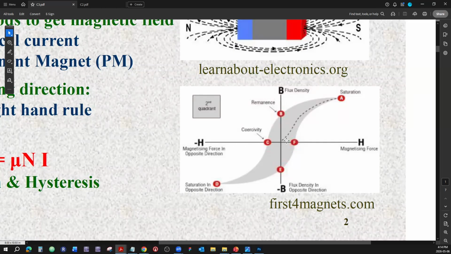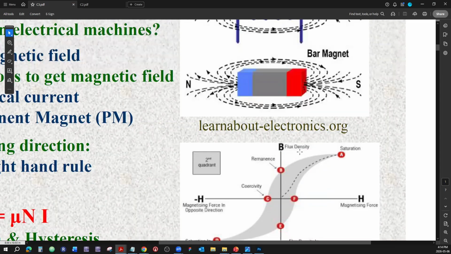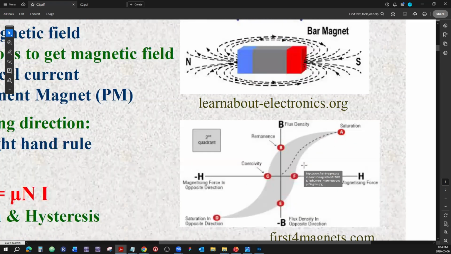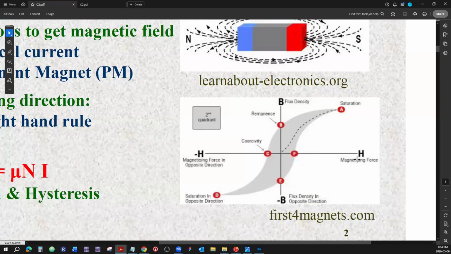Okay, so when we start from zero, when the magnetic core is not magnetized, once we start introducing magnetic force, or the strength of the magnetic field, then the magnetic field is going to be stronger, and that depends on the number of turns and the amount of current that we're passing through. That is going to give us a stronger or weaker magnetizing force.